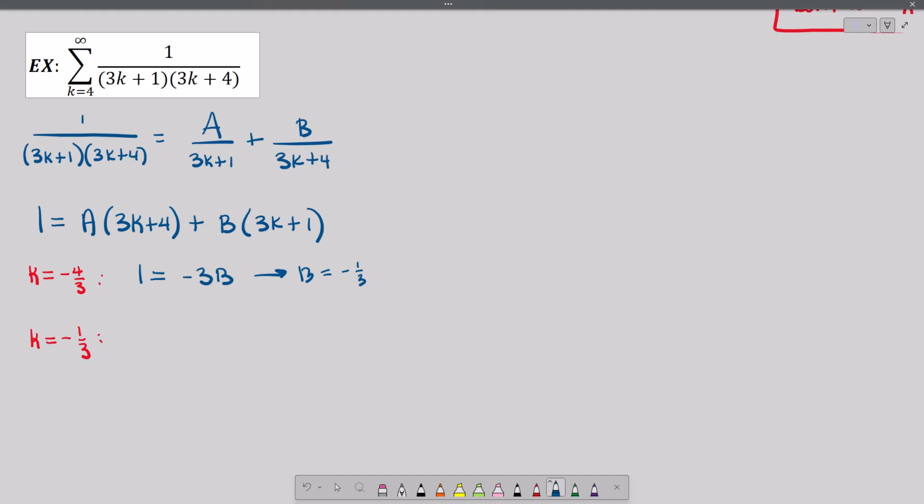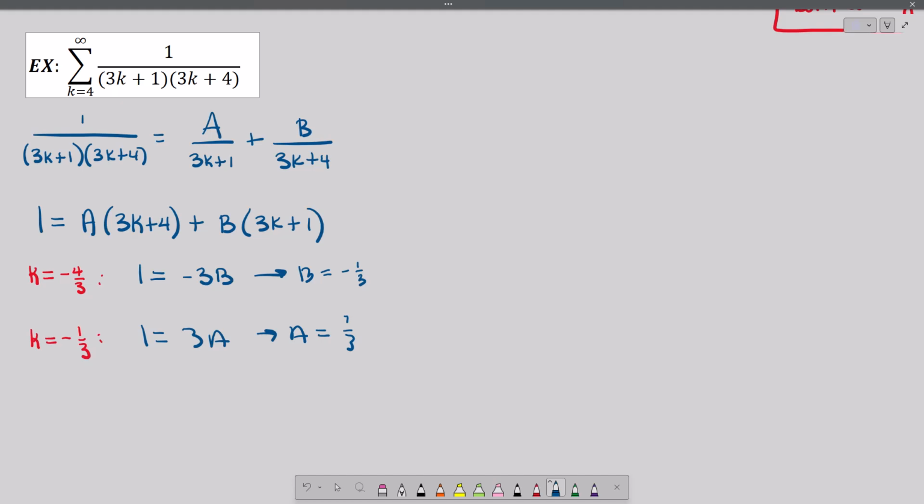Now we plug the negative 1/3 into this equation. The left side will be 1 still. The right side, when we plug in negative 1/3 here, the 3's cancel. We get negative 1 plus 4, which is 3, so we get 3a. And so there are the two constants that we're finding.